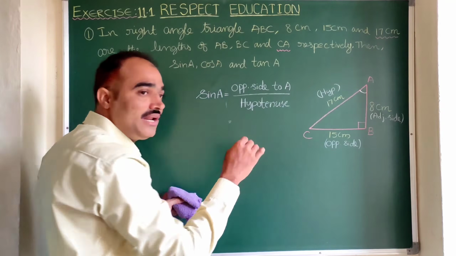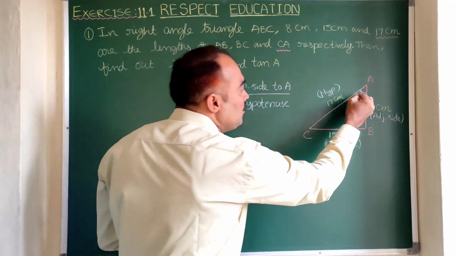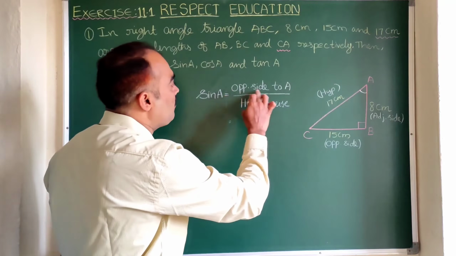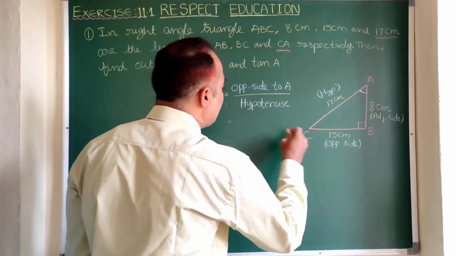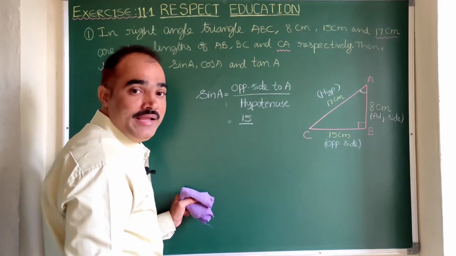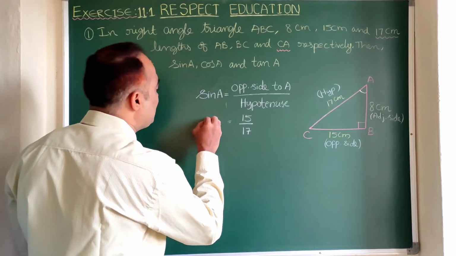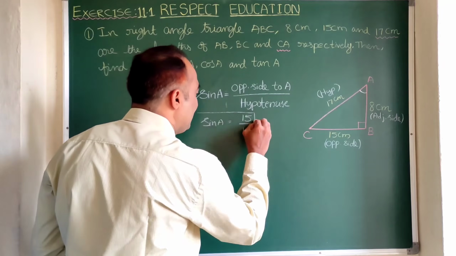If you are habituated to say opposite side to theta, simple, you can write theta here. No problem. What is the opposite side here? 15 centimeter. So you can write 15 by hypotenuse, which is 17 centimeter. So the first bit is over. Sin A is 15 by 17.